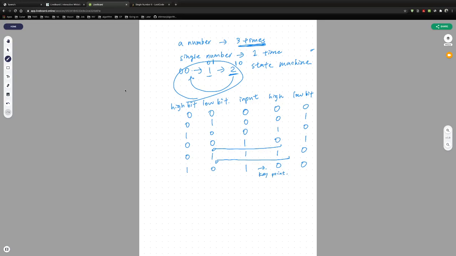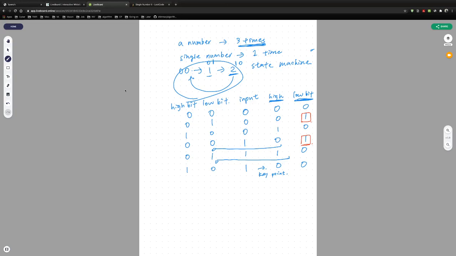Based on what we have learned about the truth table, we want to calculate the high bit and low bit. Assume I want to calculate the low bit: we find out the rows where the bit is 1.